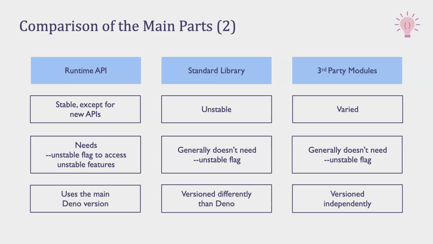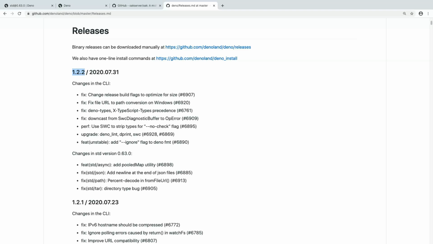Next, for versioning, the Runtime API uses the main Deno version, while the standard library is versioned differently than Deno. At the time of recording this video, this is the latest Deno version, while this is the latest version of the standard library. As you can see, they are versioned differently.